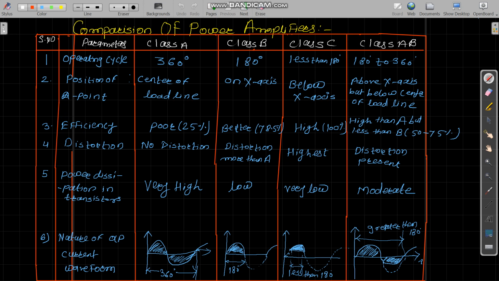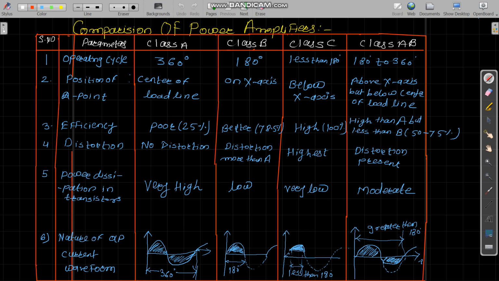Now, as we know, when we want class A power amplifier operation, we select the operating point at the center of the DC load line. That means exactly at the midpoint of the active region. Because of that, we get the output for the entire duration of the cycle. This is the nature of the output current waveform that I'm going to get.